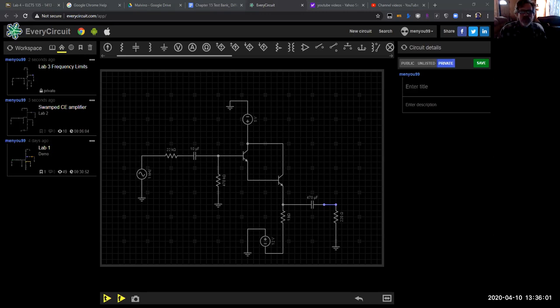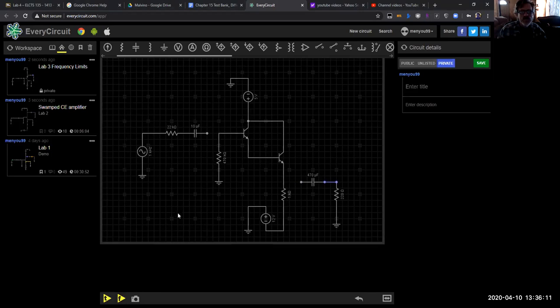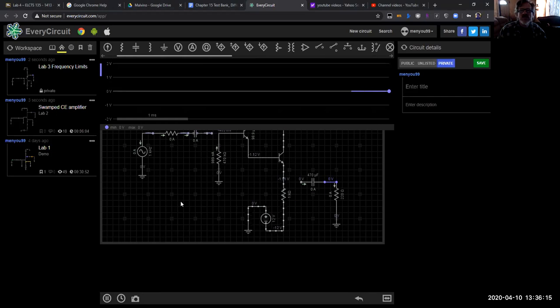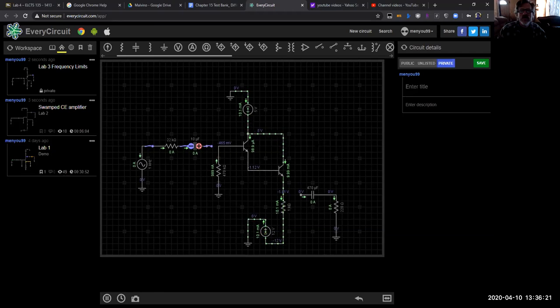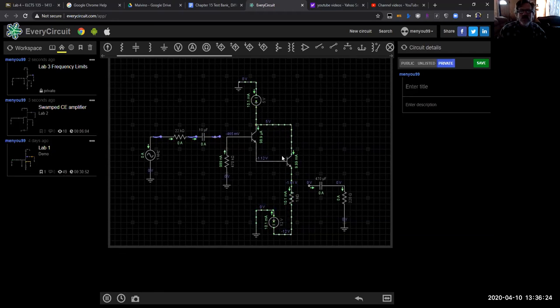One of the things it did call out for was to go ahead and disconnect the AC sources here, to verify that your circuit is biased correctly. If it's biased correctly, you should have a good smooth current flow going on, right?